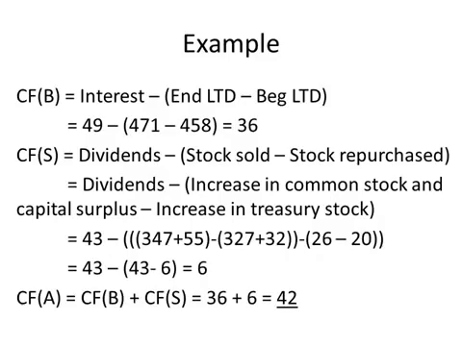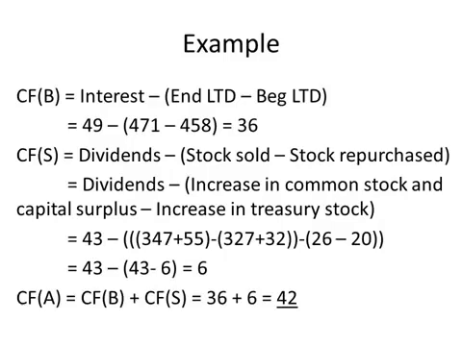What we need to do is look at how much stock was issued during the period and then subtract the amount of stock that was repurchased during the period. This is similar to our change in long-term debt from above, but it's a little more difficult to calculate because we have to look at both common stock and capital surplus to determine how much stock was sold, and then we have to look at treasury stock to figure out how much stock was bought back.